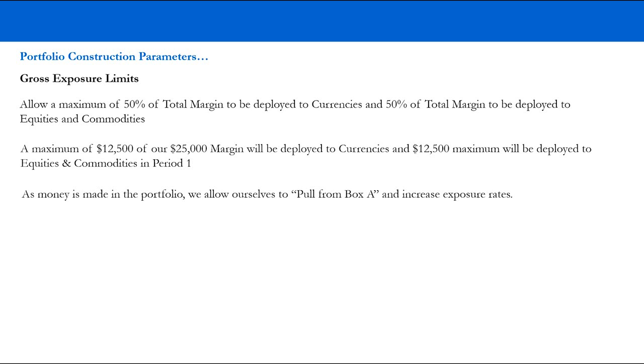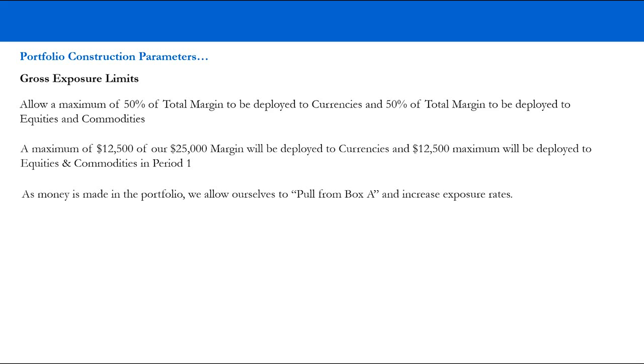So for example, if we had a 5 times exposure rate and we had $25,000 in the portfolio, then our overall gross exposure on the portfolio is going to be $125,000.